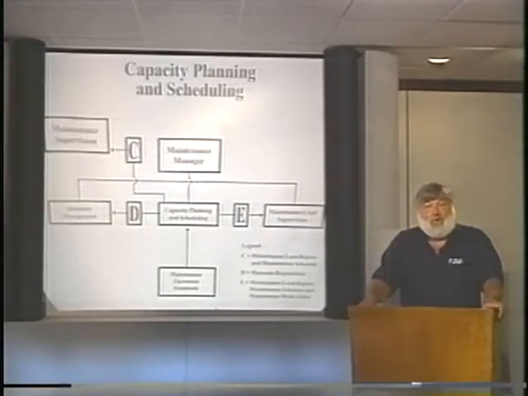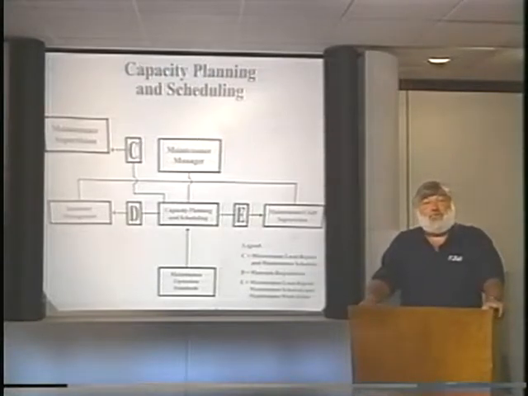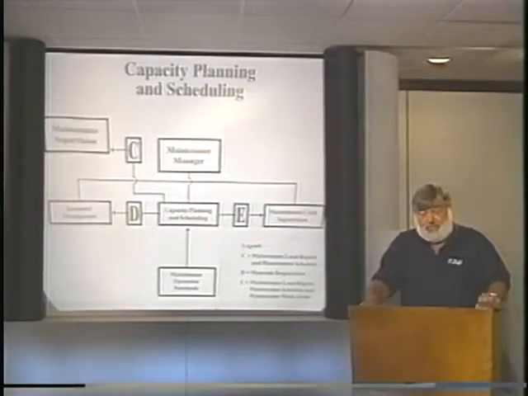And then E is going to the individual craft supervisors for those companies of, let's say, the medium or the large size, where the craft personnel are managed by what we would call craft supervisors, and then those craft supervisors would report to maintenance supervision.